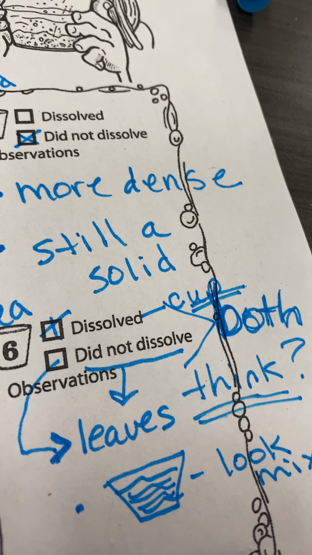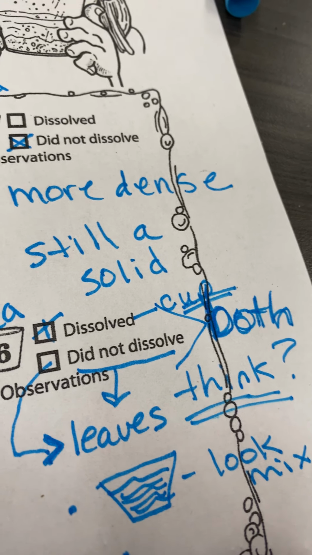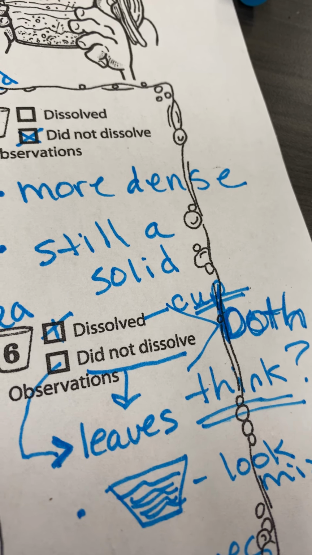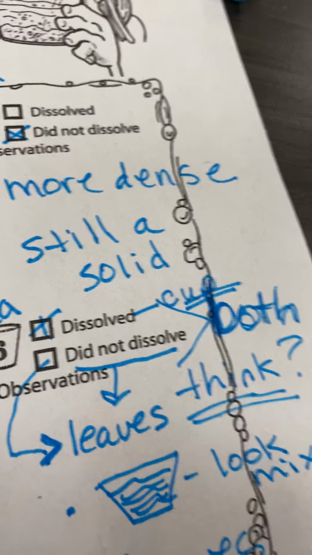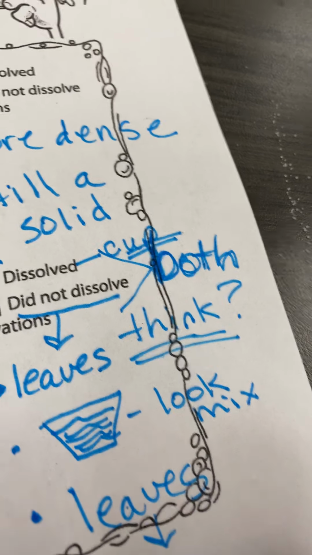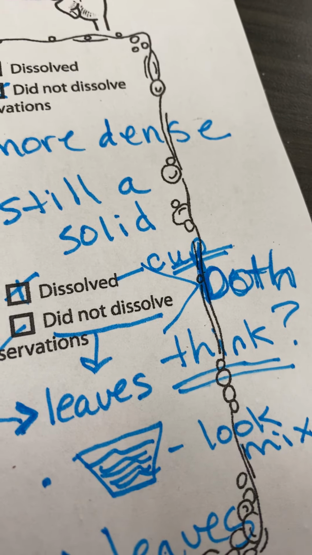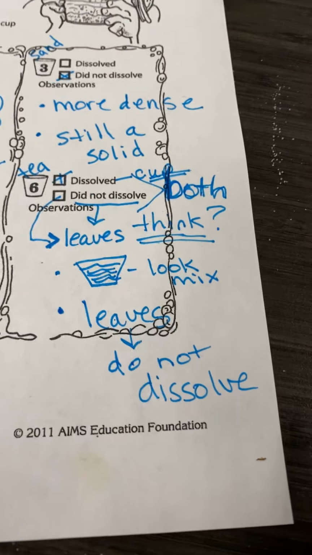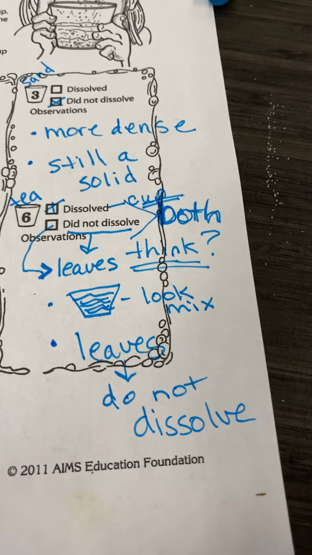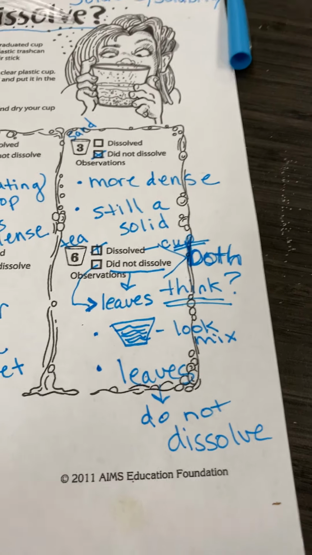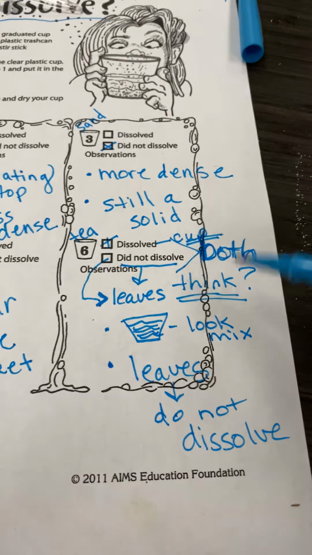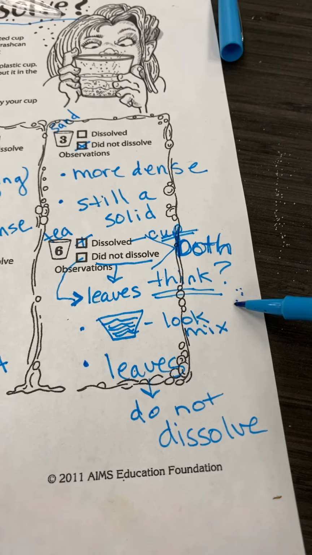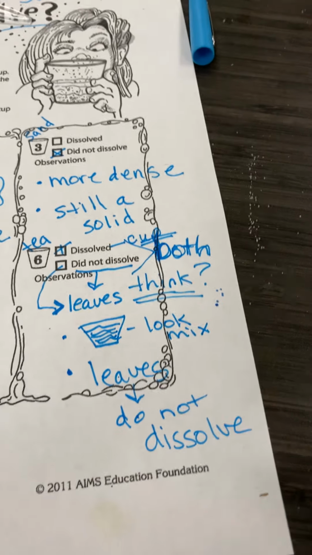But then the actual leaves do not dissolve, and that's what tea is made from. Leaves do not dissolve. Okay. So there are some questions with tea that we can practice with, and we will attack those.